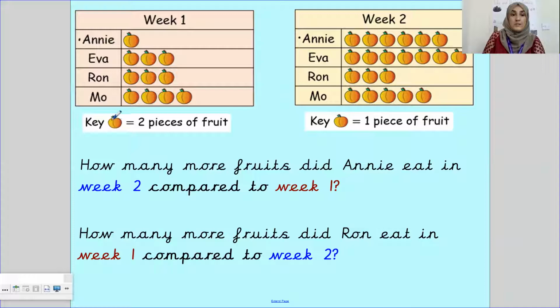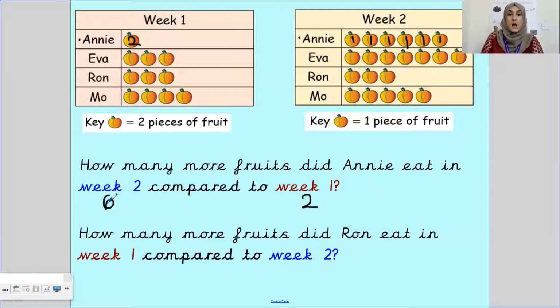Now remember, this symbol represents 2 fruits in week 1. So that means she ate 2 fruits in week 1. I'm going to put number 2 here. Now, in week 2, let's count how many fruits she ate. So looking at the key, one symbol represents 1 piece of fruit. So that's 1, 2, 3, 4, 5, 6.